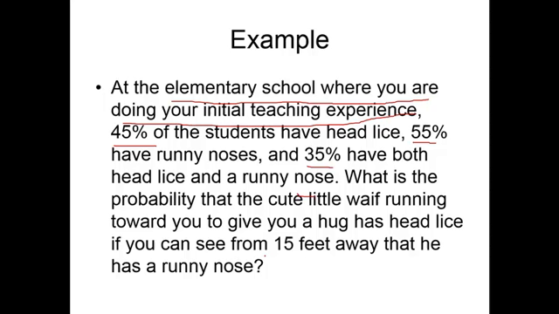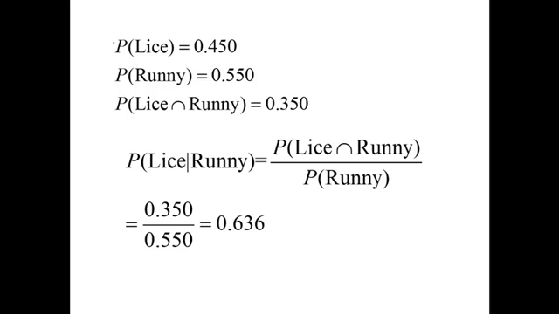Okay, let's do the math on this. The probability of having head lice in this group is 0.45. The probability of having a runny nose in this group is 0.55. And the probability of having both is 0.35. Now, here's the thing. You can see that he has a runny nose, and you're thinking, what is the probability that this kid has lice too?